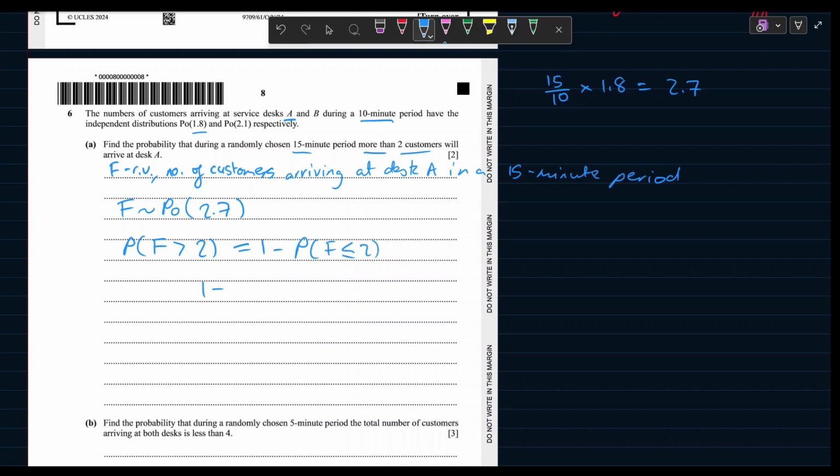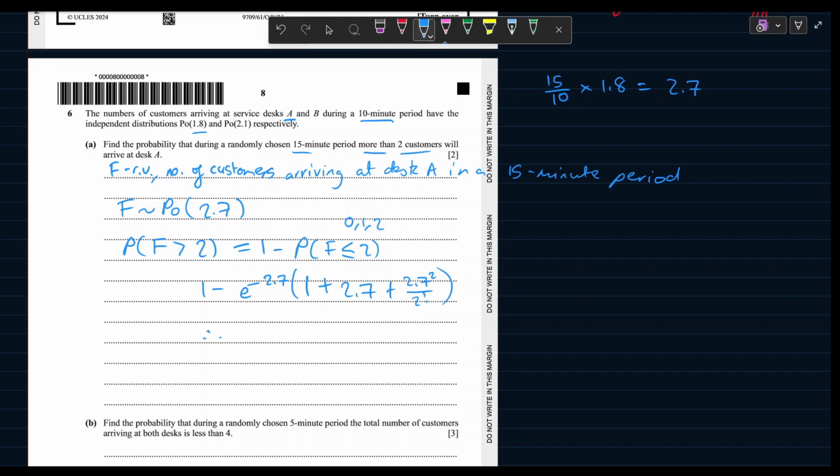So that's 1 minus e to the negative lambda, 2.7. Here we're taking 0, 1, and 2. If it's 0, we just have a 1. If it's 1, we add lambda. And if it's 2, it's going to be lambda squared over 2 factorial.